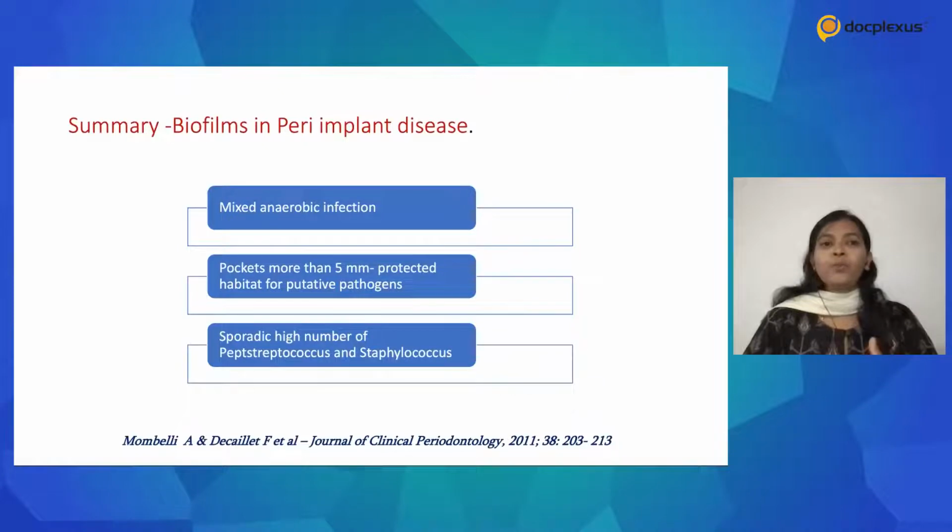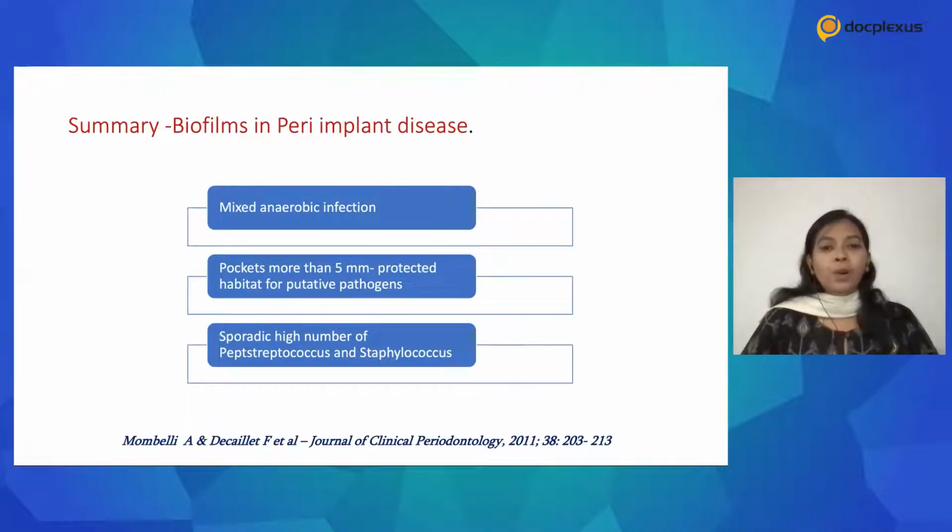So as I told you, the biofilms around the peri-implant sulcus will lead to a mixed anaerobic infection. So this should give you in your mind certain ways to treat the disease. Broad spectrum antibiotics are the ones which will help you, and also some of the drugs which can help combat anaerobic infection are the ones you should focus on, and plain penicillins will not help us much.